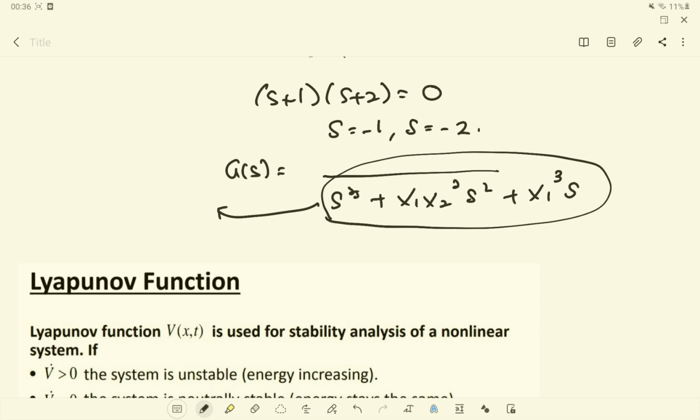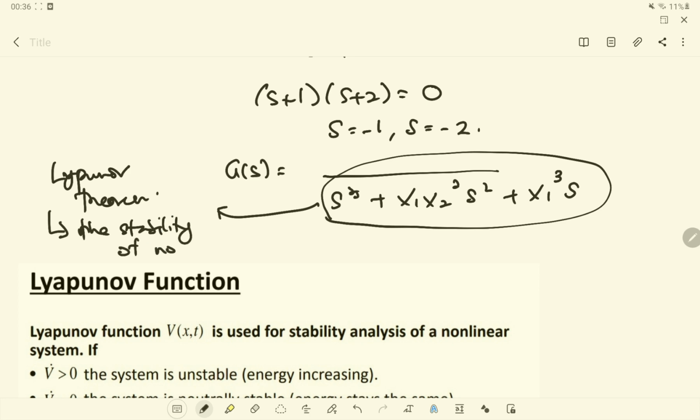So here are the Lyapunov theorems. We use Lyapunov theorems to determine the stability of the non-linear system.